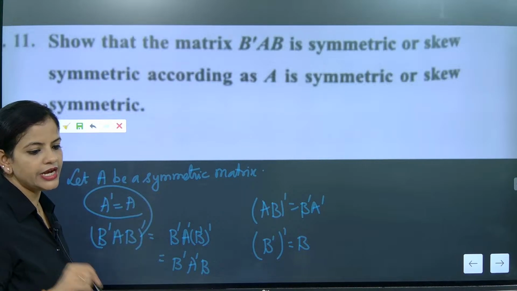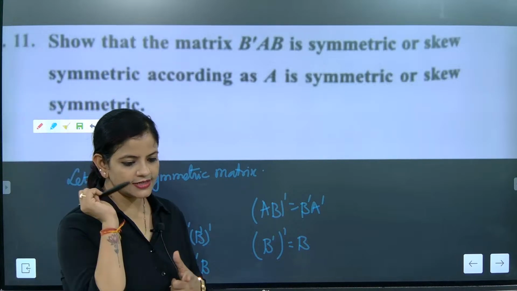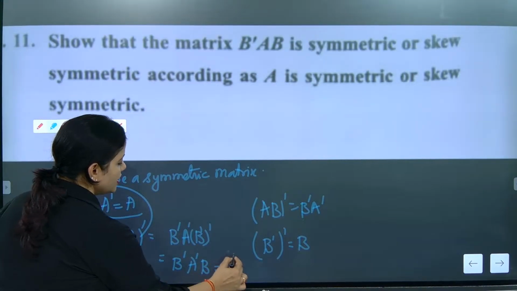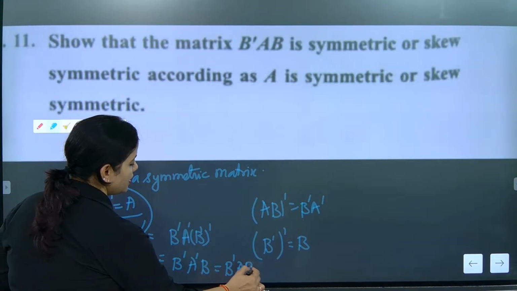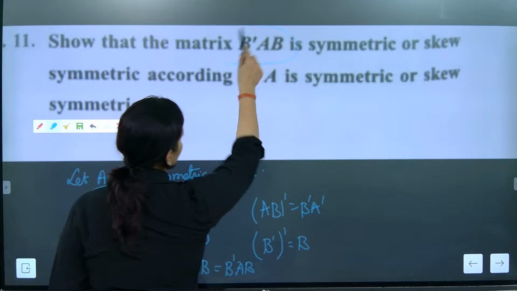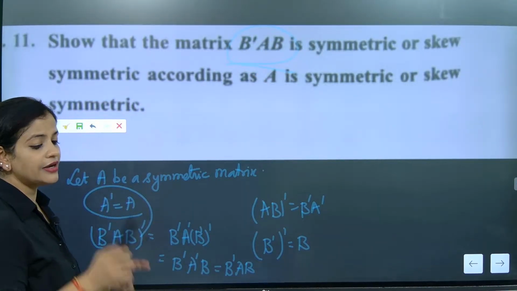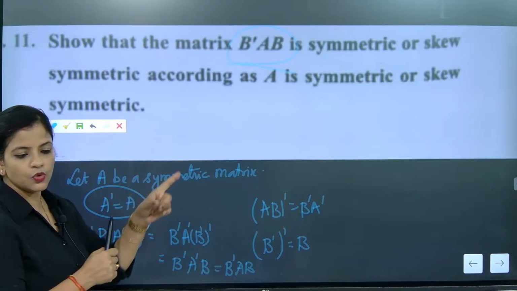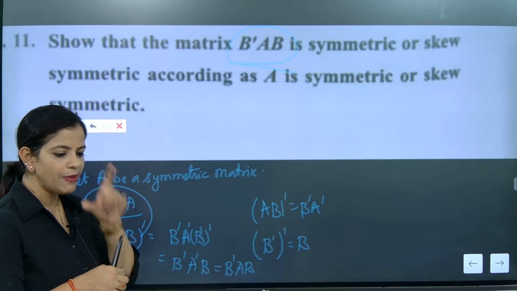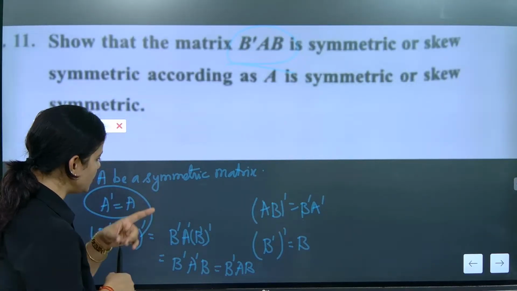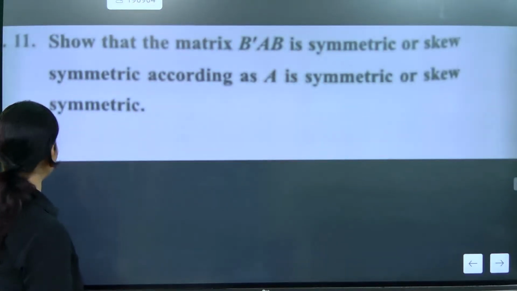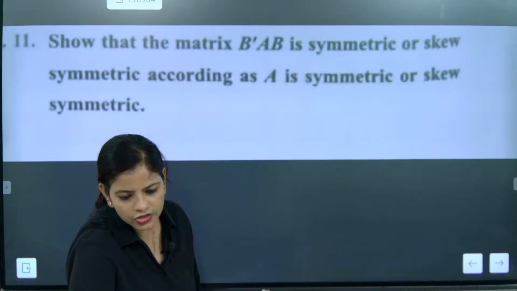So we write B transpose AB, which is the question part. We started with the transpose of B transpose AB, and we again get back to the same expression. Once we are going back to the same expression, we learn one thing: it is a symmetric matrix. I hope you understood this one.